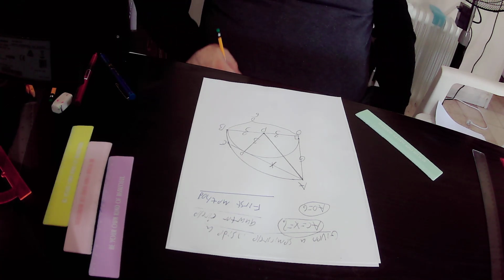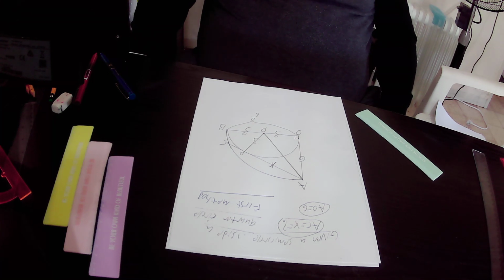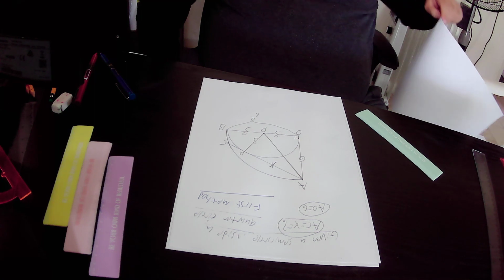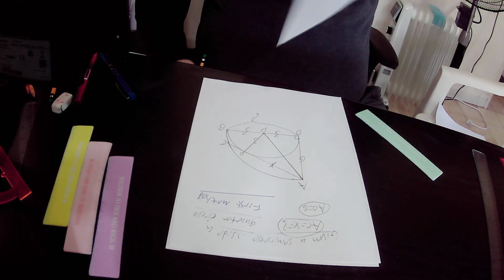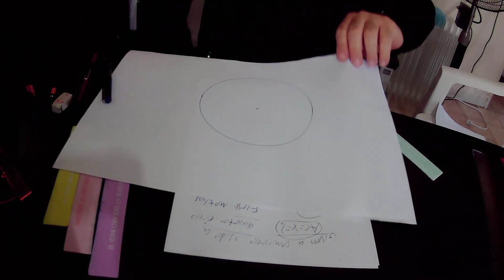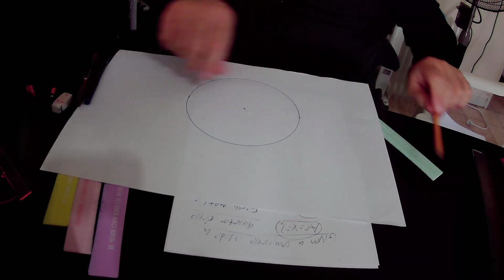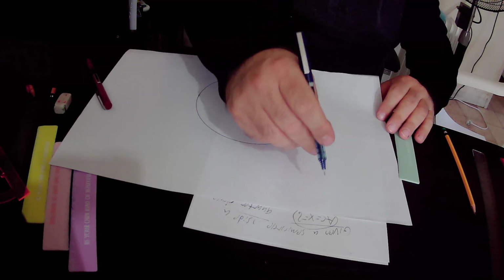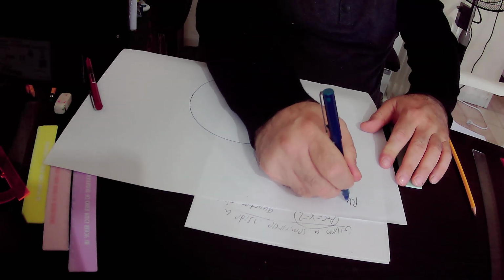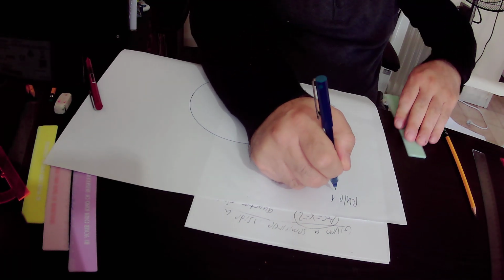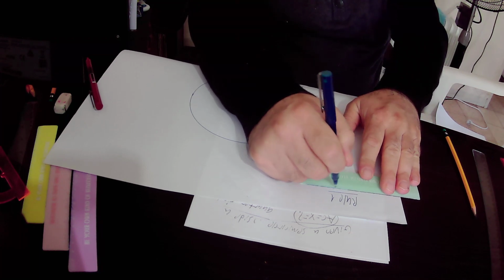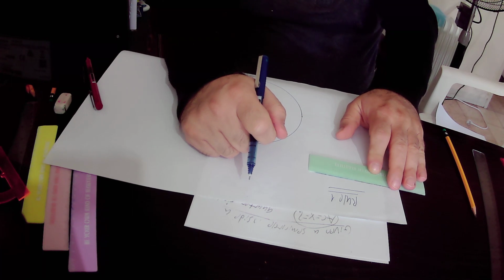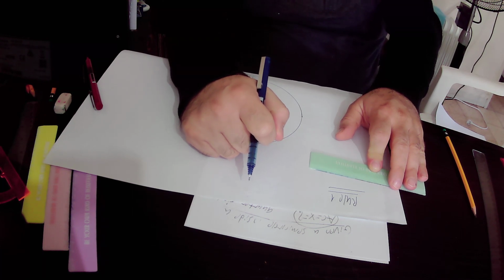Actually, we have a new rule, that is rule number 1. According to rule number 1, the lengths of two tangents from a common external point to a circle are equal.